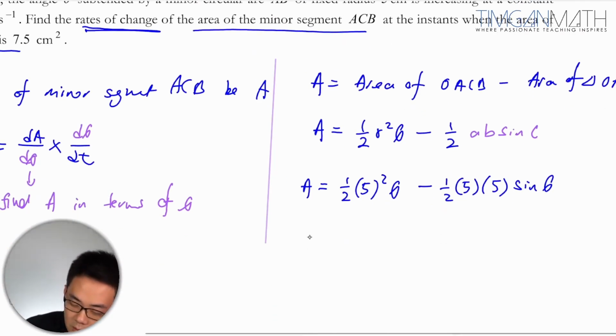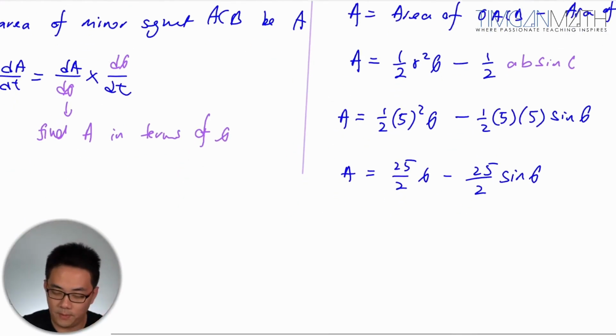So this will be 25 over 2 theta minus 25 over 2 sine theta. Great.